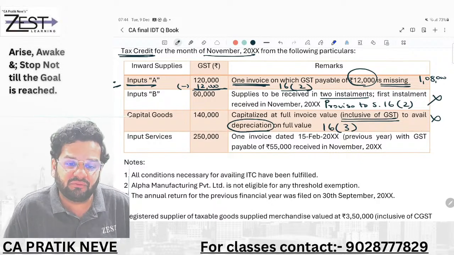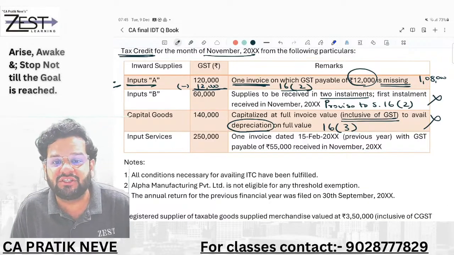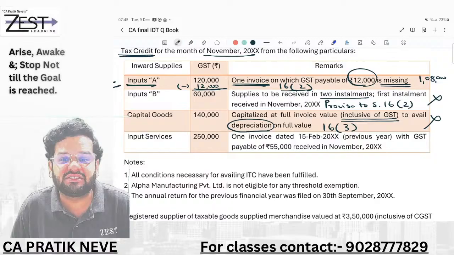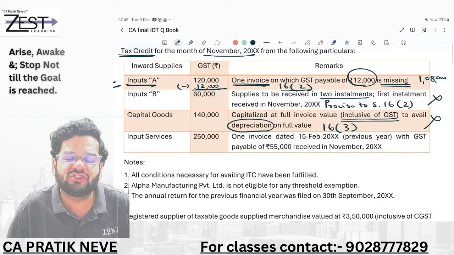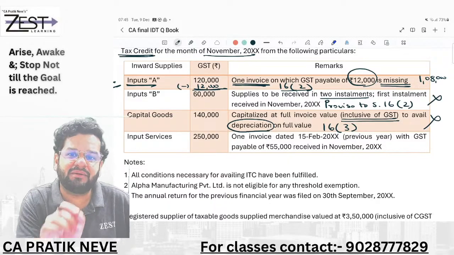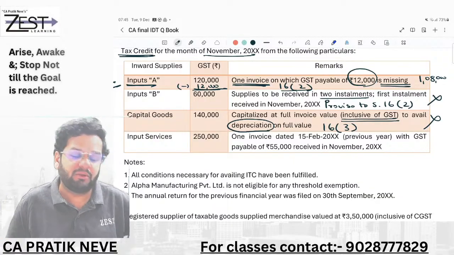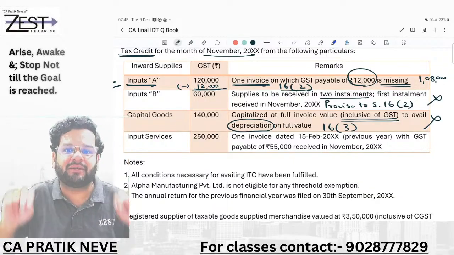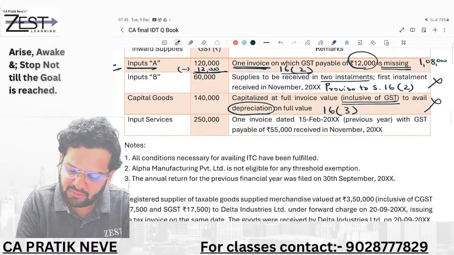So is it the point that I can't claim depreciation on CG? That means if I claim depreciation on CG, then can't I claim ITC? It's not like that. You can claim depreciation on capital goods and you have to claim, no problem, but don't claim on the GST element.